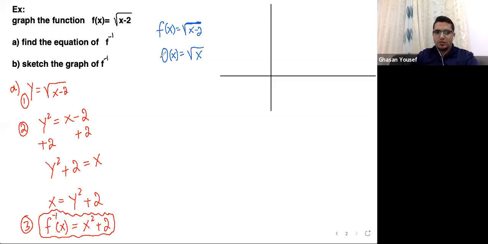Now, how can we modify the original function to get something like this, square root of x minus 2? What should we do to the original function to make it similar to square root of x minus 2?